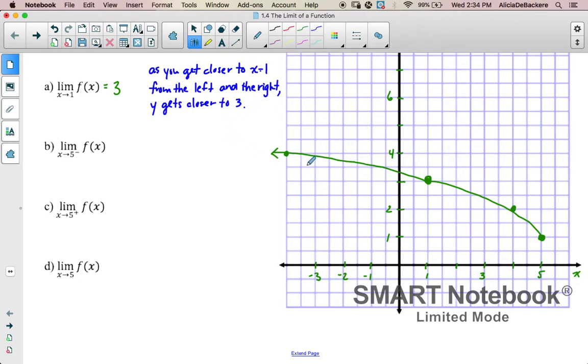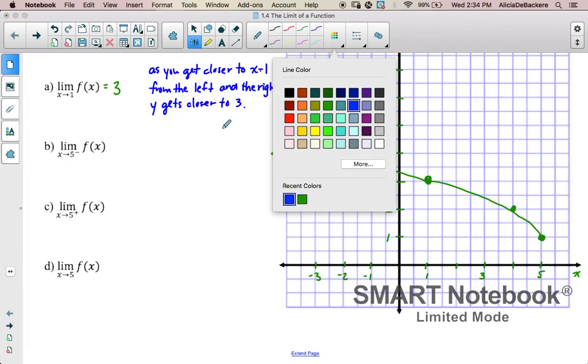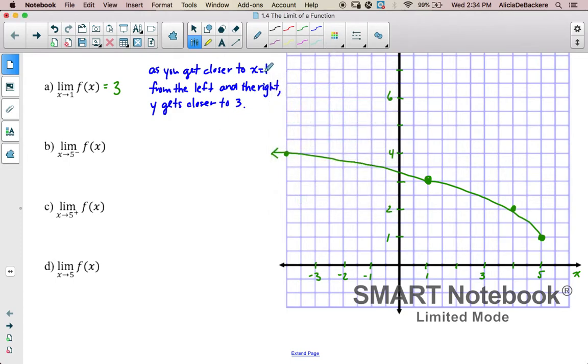And so notice that I don't actually care what happens when I get to x equals 1. I only care about what's happening as I get closer to x equals 1. And we'll take a look at what that means more when there's a hole, for instance, on the graph.